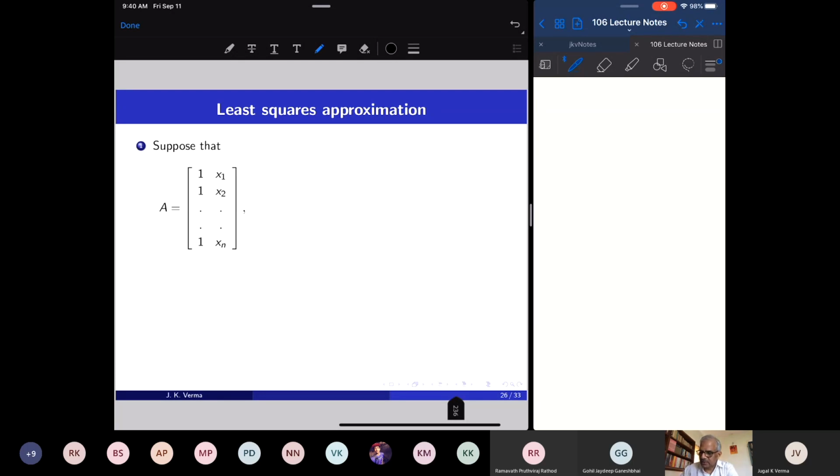The xi's are the x coordinates of the data points. Let us construct a matrix A whose first column consists of ones, and the second column consists of the experimentally found xi's. The xi's are the inputs. We are conducting certain experiments, inputting xi's and finding the output value yi.